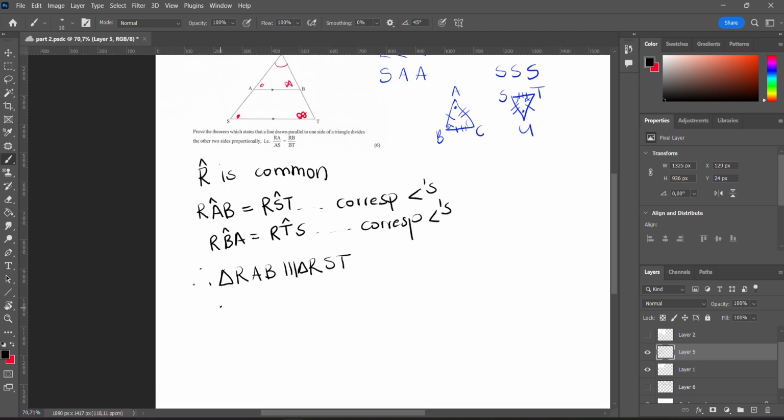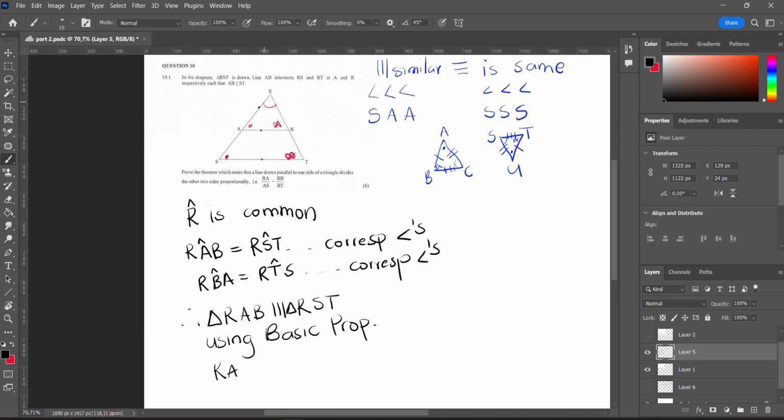And using basic proportionality, RA, which is this, would be over RS or AS.